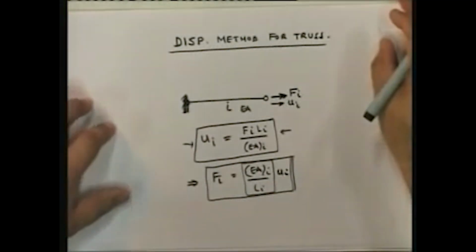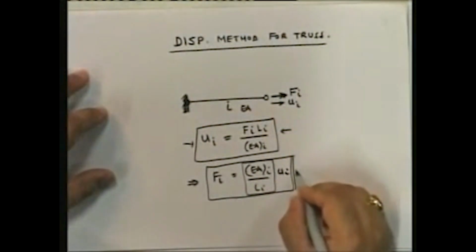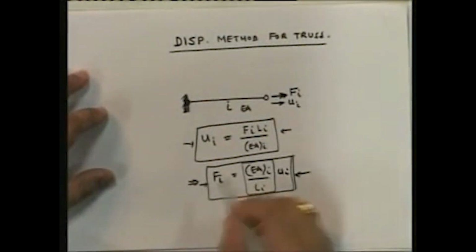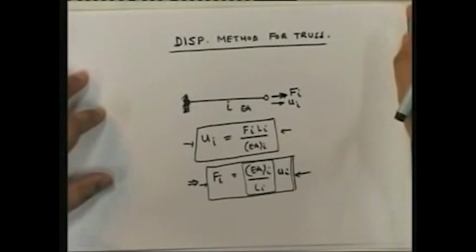look at this fact, the difference between the member end for flexure. In flexure, you have two rotations and two moments to define the member end forces. For the truss, you only have a single force and a single displacement. And this is the force deformation relationship for a member.